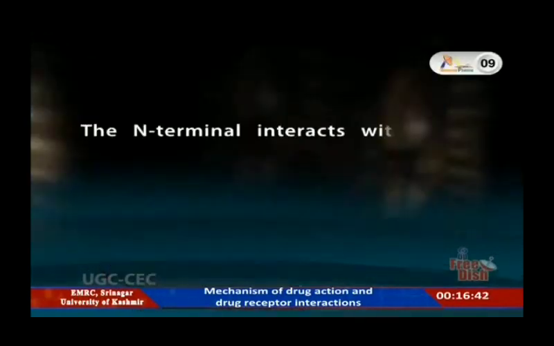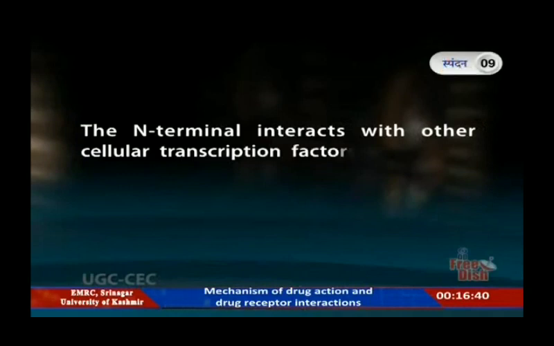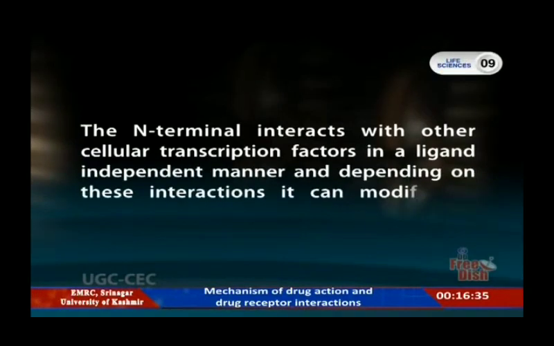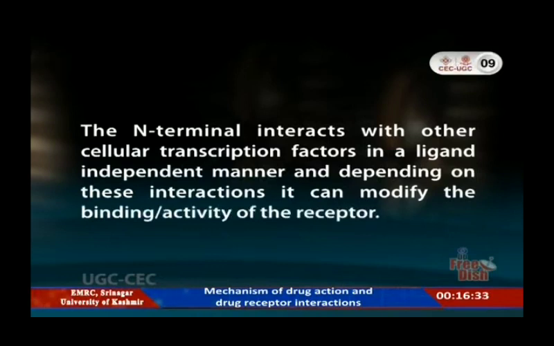The core region has 2 zinc fingers that are responsible for recognizing the DNA sequences specific to this receptor. The N-terminal interacts with other cellular transcription factors in a ligand-independent manner, and depending on these interactions, it can modify the binding or activity of the receptor. Steroid and thyroid hormone receptors are examples of such receptors.